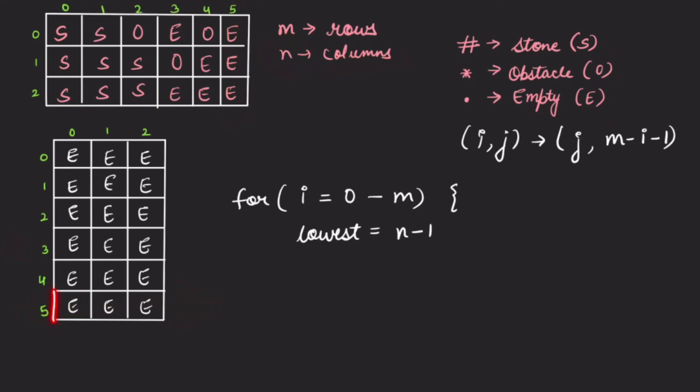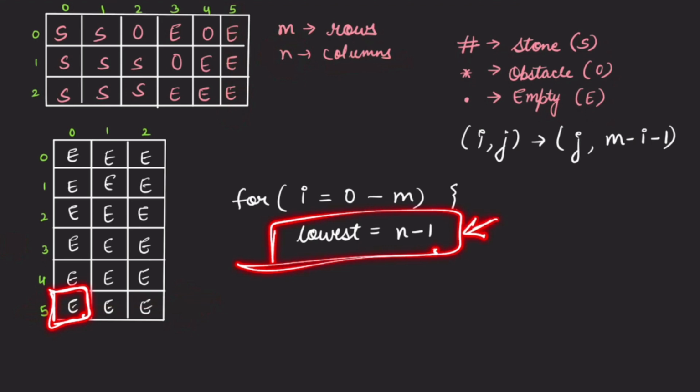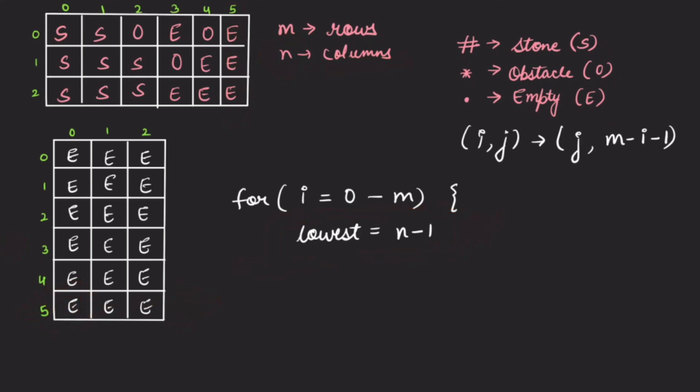So whatever is the lowest cell, we will keep as one of the valid empty cells, and then we will try to find the valid one and update this lowest. That is why we are keeping lowest at the last cell of that particular column.